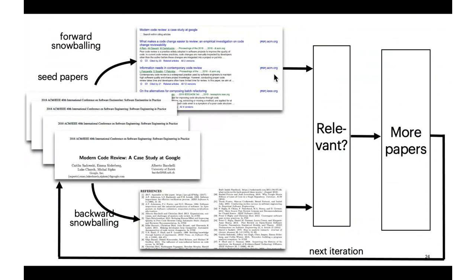So again, we would be going through the list of papers which are citing the paper in focus, and then we are going to decide, is this paper relevant or not? If it has been relevant, then we add it to our ever-growing snowball, and ultimately we repeat the entire process much in the same way as we have done before.